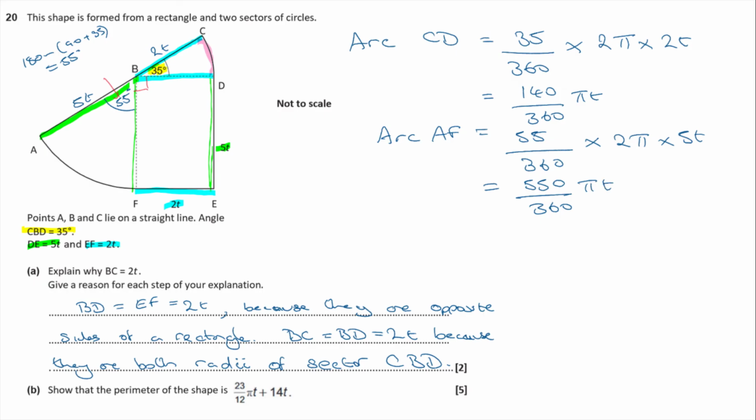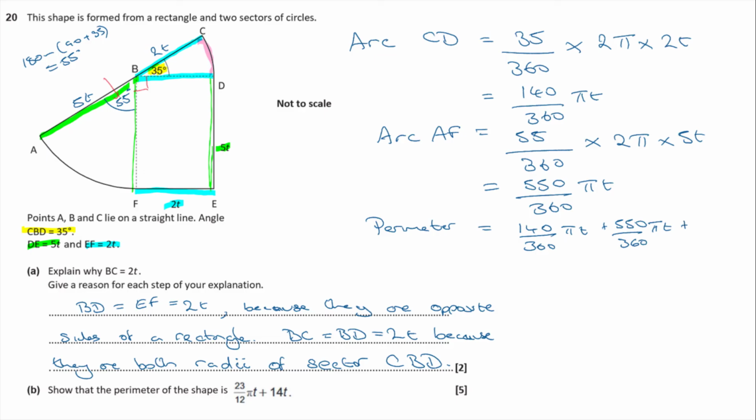And then so the perimeter is going to be all those sides added together then. So I've got my two arcs, which are 140 over 360 pi t, plus the other one, which was 550 over 360 pi t, plus we've got two green lines and two blue lines, haven't we?